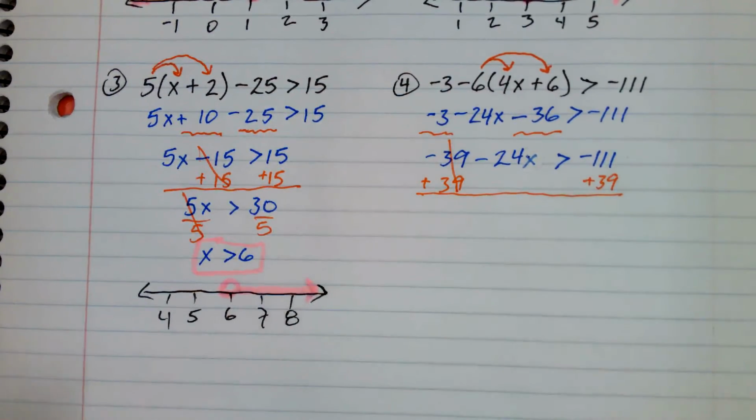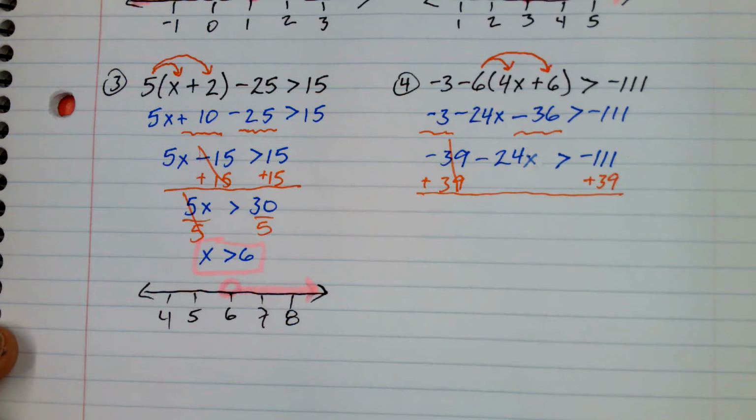Tell me, what am I going to get after I do that? What happens after this? Tell me the whole answer. Some of you are just telling me negative 72. I want to see the whole inequality. Thank you, Sophia.